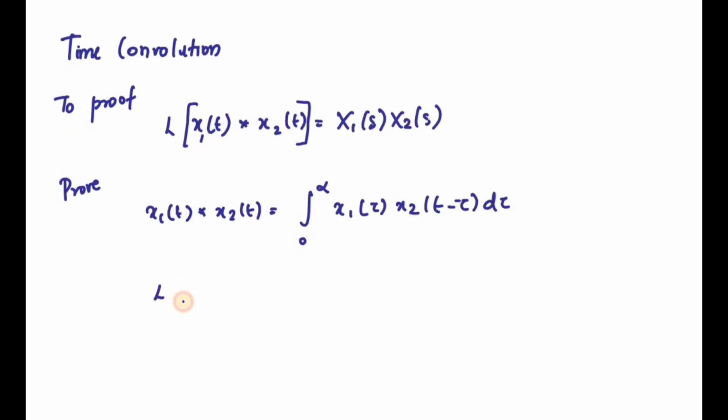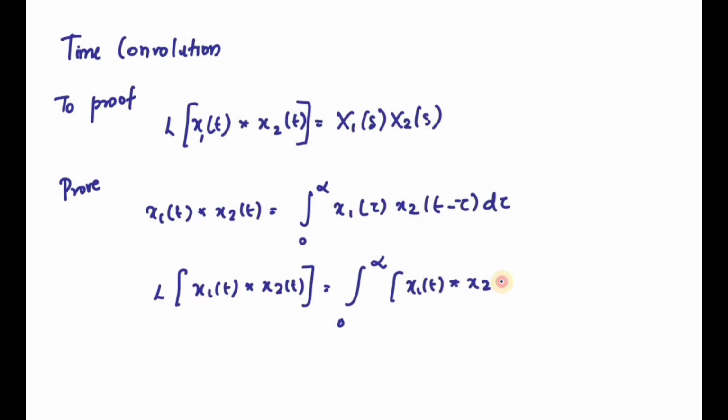So what is the Laplace of x1 of t convolution x2 of t? This is equal to integral from 0 to infinity of x1 of t convolution x2 of t e power minus st dt, right? Now you substitute this value.